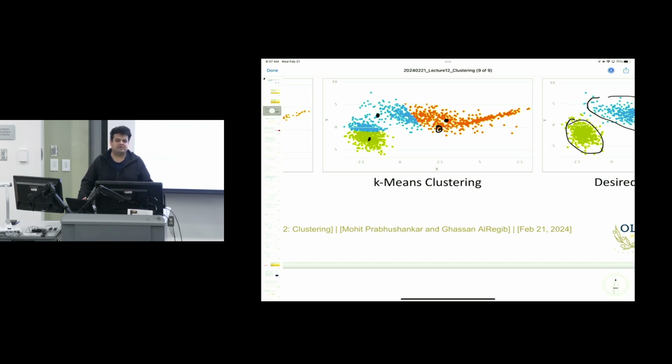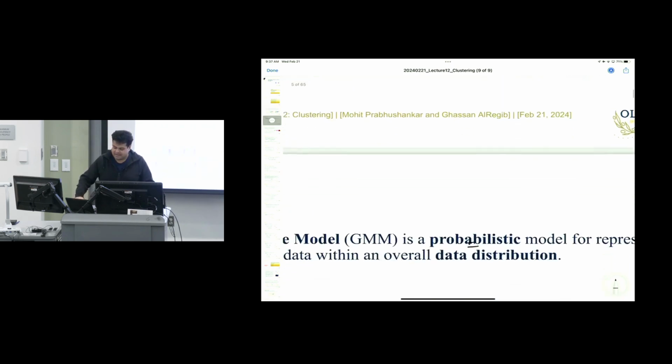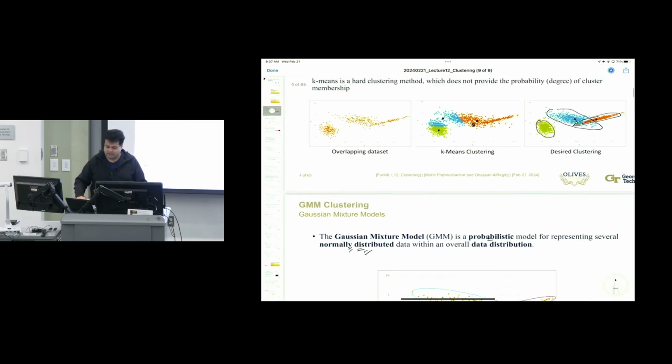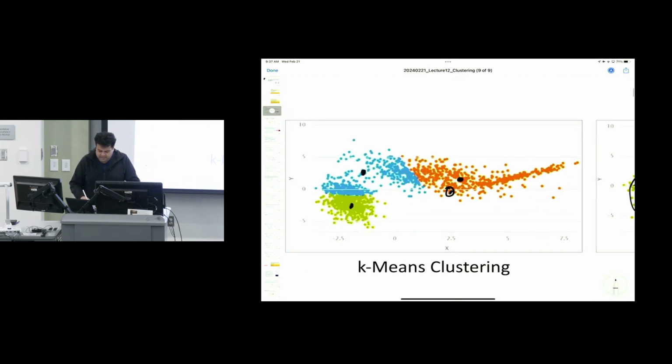But then there might be a different kind of soft clustering, where there is a probability associated with it. Maybe this data point here belongs to this cluster with a probability of 0.7. It belongs to the blue cluster with probability 0.25, and it belongs to the green cluster with probability of 0.05. This is essentially what soft clustering means.